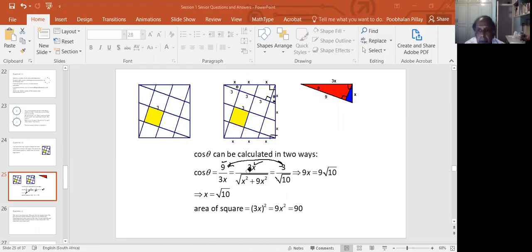So when you cross multiply, you have 9x equals 9 root 10. 9's cancel, you get x equals square root of 10. And remember, we were trying to calculate 9x squared. So if x is square root of 10, then 9x squared is 9 times 10, which is 90. And that is the area that we're looking for, the area of the square.